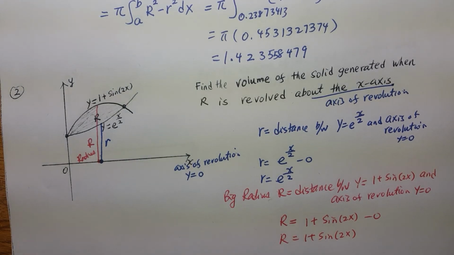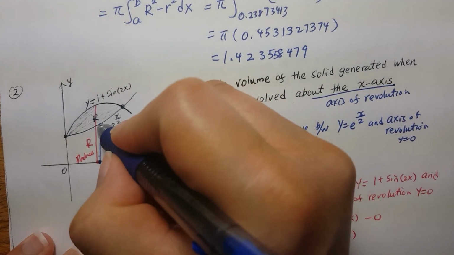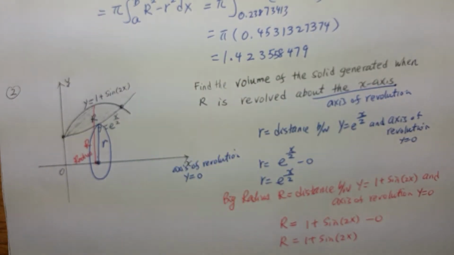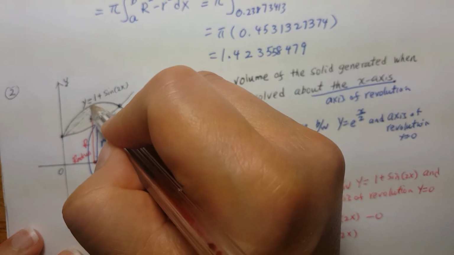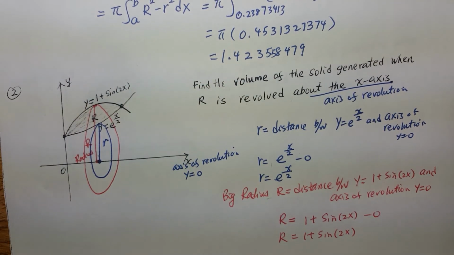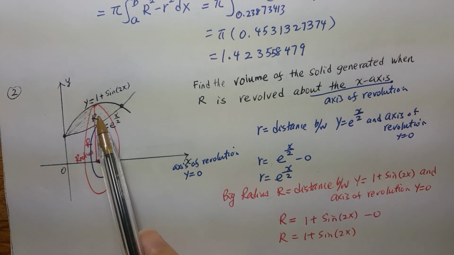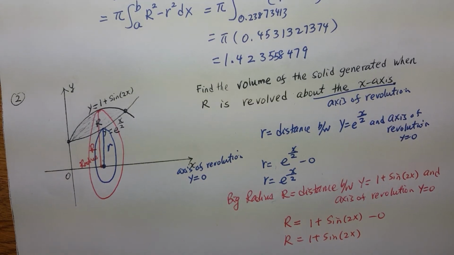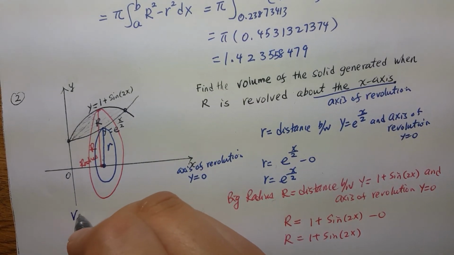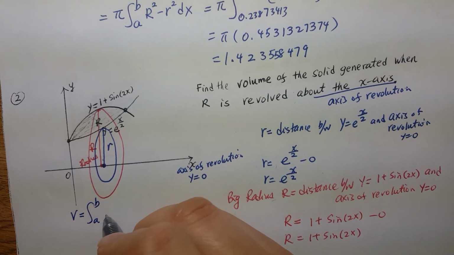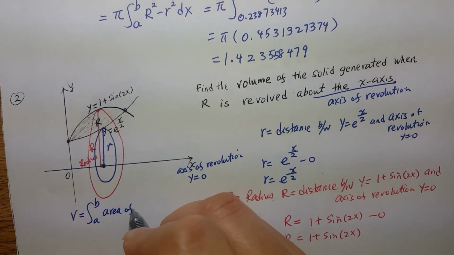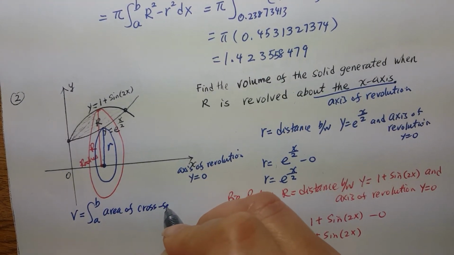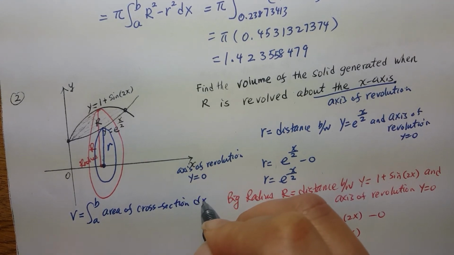Next we're going to sketch one cross section. It's going to look like this. So we still have the big circle subtract the small circle. So now we are going to say V equals the integral from a to b of the area of the cross section dx.